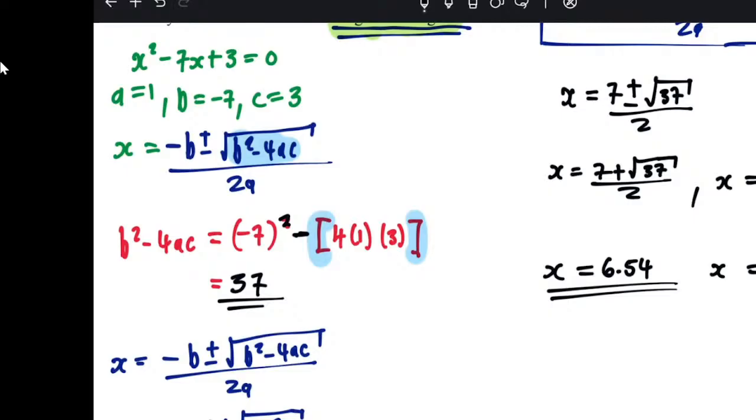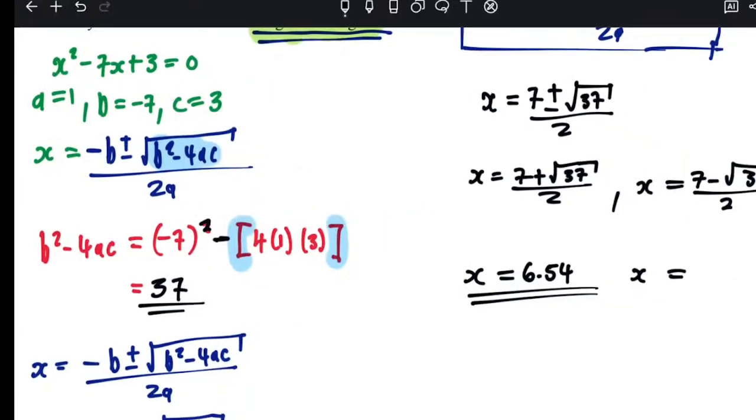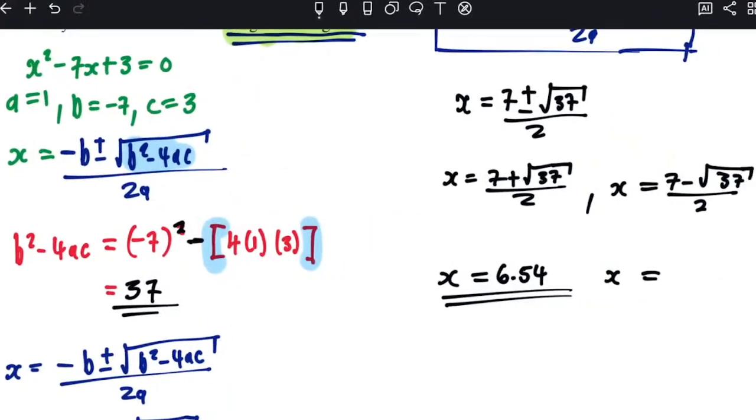What is the solution, class? What is it?